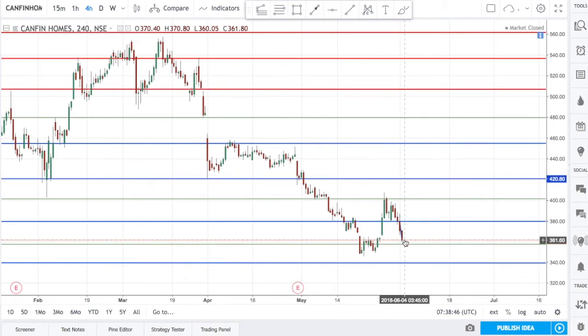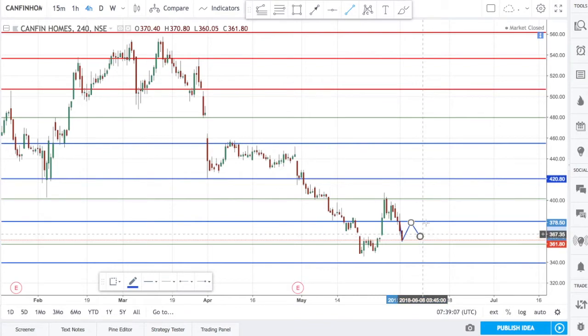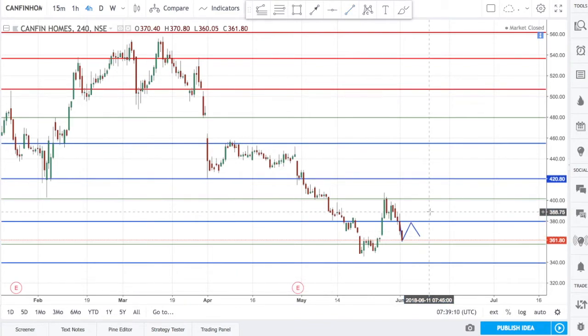Now, in the next few trading sessions, ideally we are expecting the stock price to retrace back into this level of resistance, get rejected, and push down once again with a strong bearish candle.